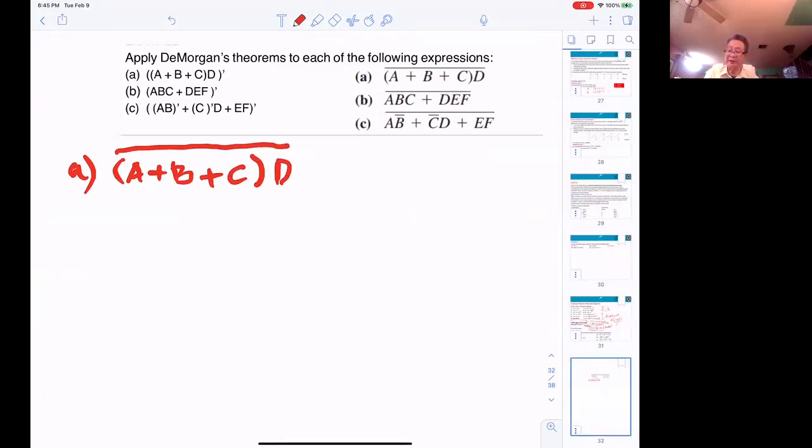So now you convert it. You need to remove the bar here. First thing I can see, A or B or C. This is the bar here. And now I need to break this guy here. They must be or and not D.